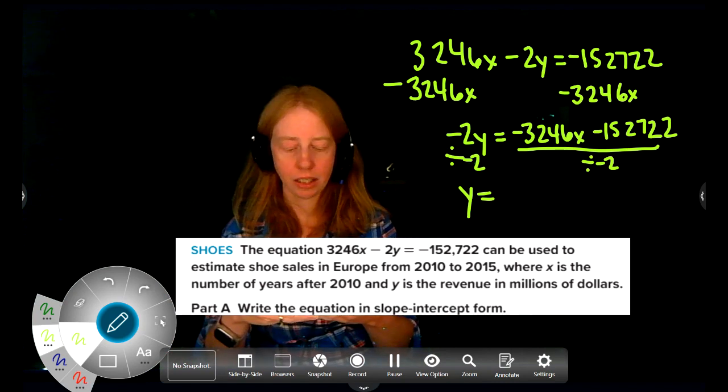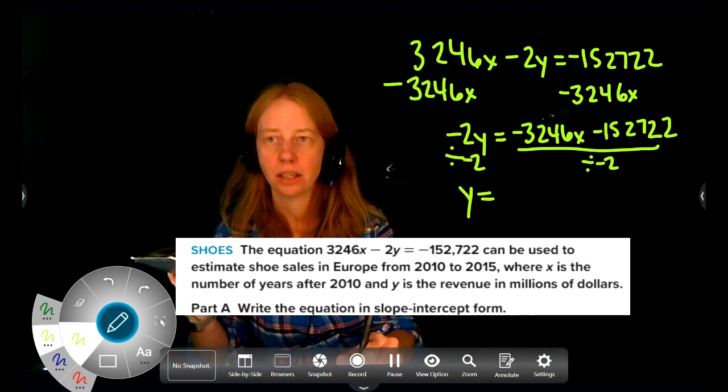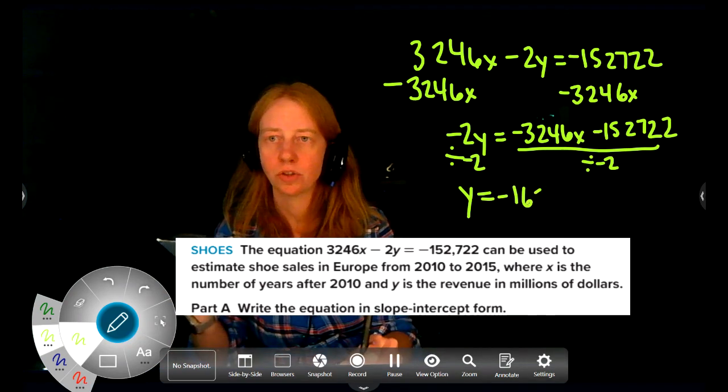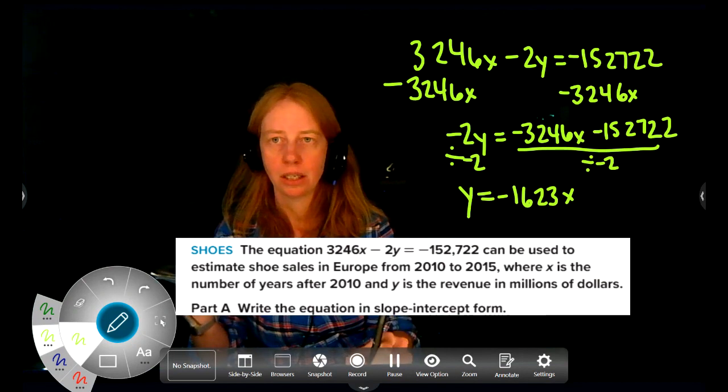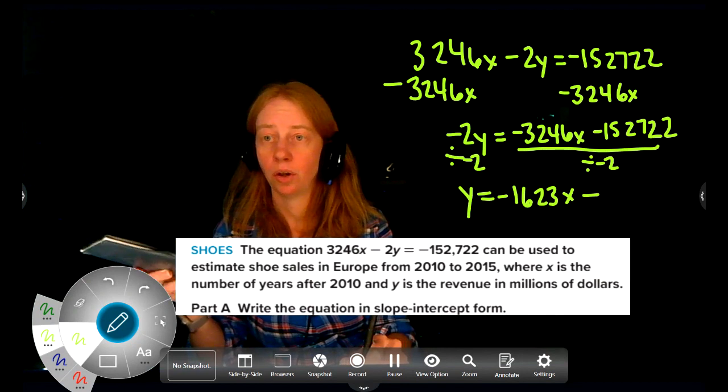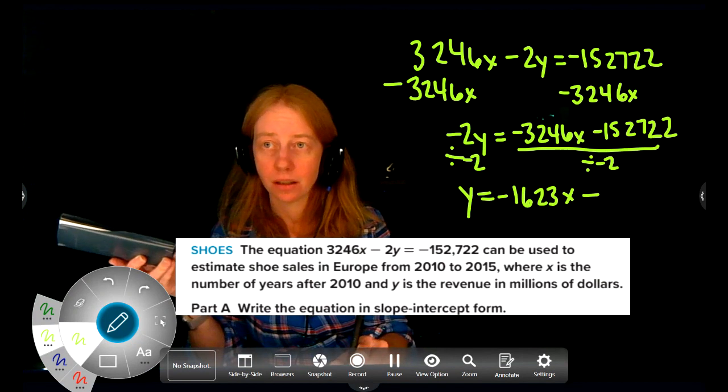So negative 3,246 divided by 2 is negative 1,623. My x is attached to that. And now I'm going to divide the other one by 2. 152,722 over 2 is, we're going to have the minus sign. So then it's minus, wait, no, we don't have any minus signs.